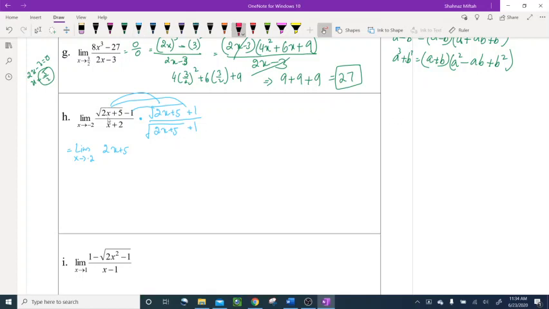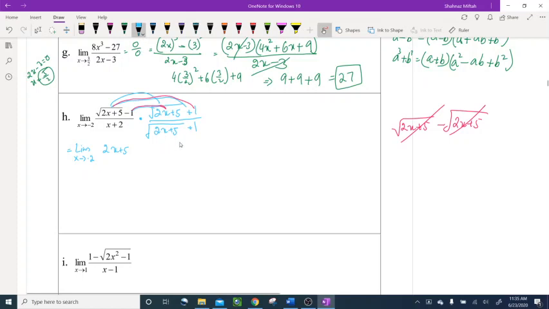If I multiply, it's going to give me square root of 2x plus 5. When I multiply 2x plus 5 with the 1 right there, it's going to give me 2x plus 5. Now, I'm going to multiply -1 with this, so it's going to give me -square root of 2x plus 5. You know they cancel out. That's why I just don't want to mention it here.